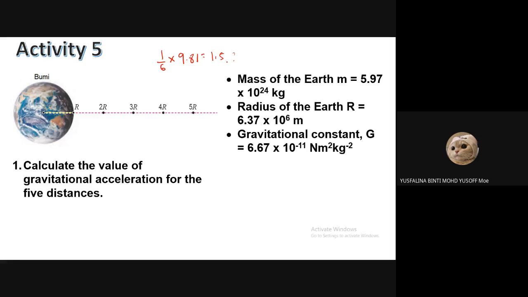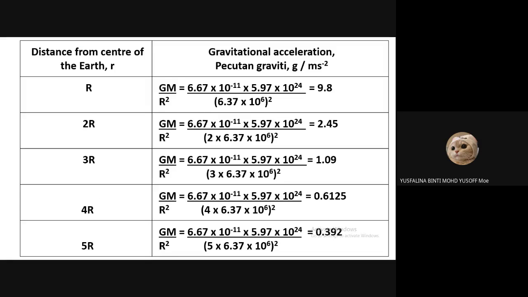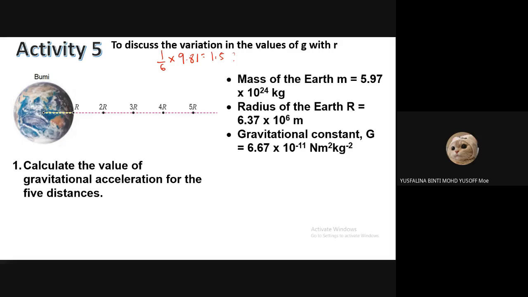For this activity 5, calculate the value of the gravitational acceleration for 5 distances. Let's say I'm giving you this is the radius R, 6.37 times 10 to the power of 6.